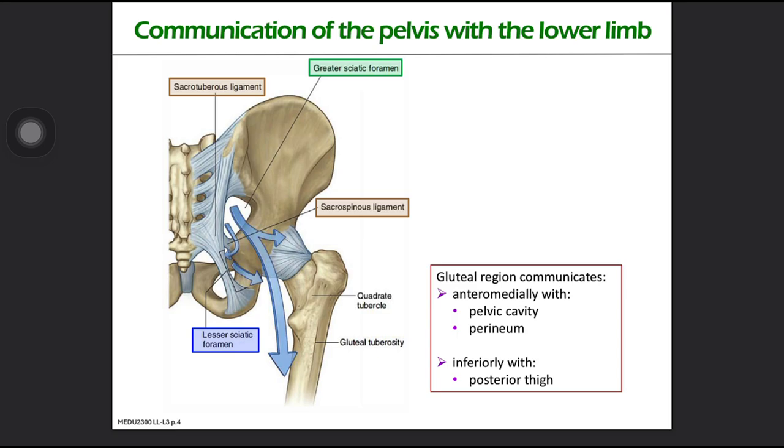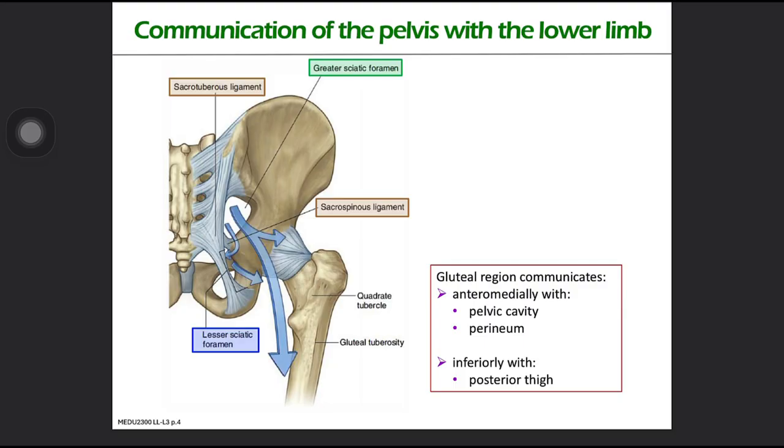Talk about the 2 important connective tissues. Here we have the sacrotuberous ligament as well as the sacrospinous ligament. These 2 ligaments form the greater and the lesser sciatic foramina, which act as important gateways.